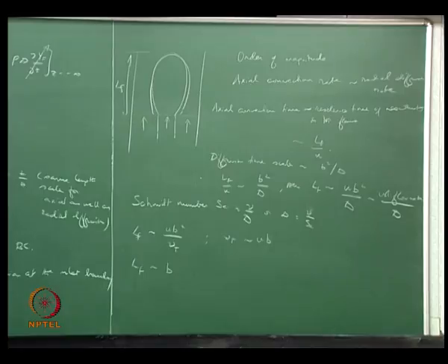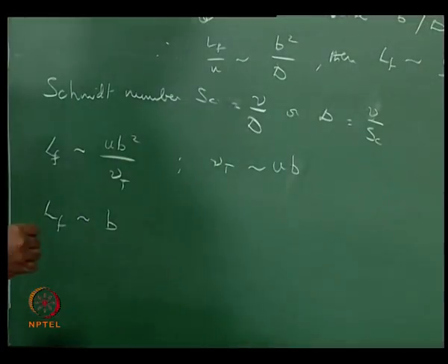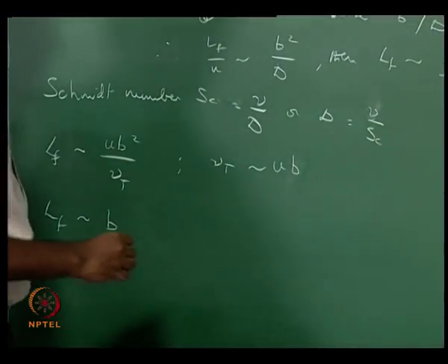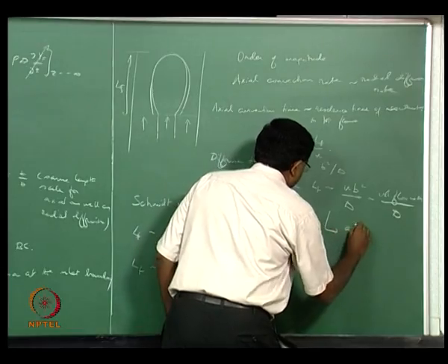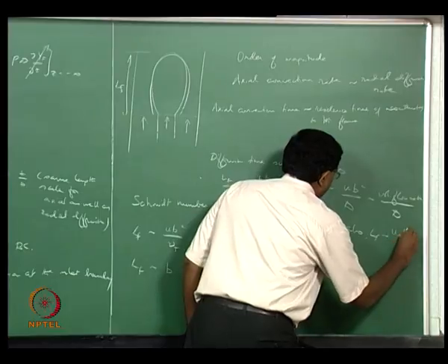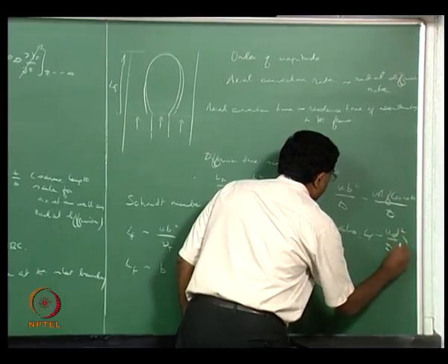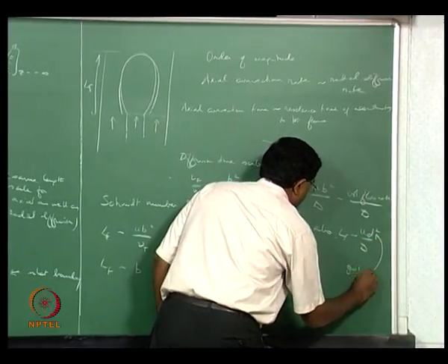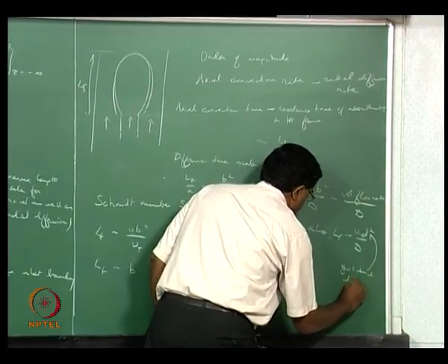I would feel a lot more comfortable saying LF is then ud squared divided by D, where d is the fuel duct diameter.